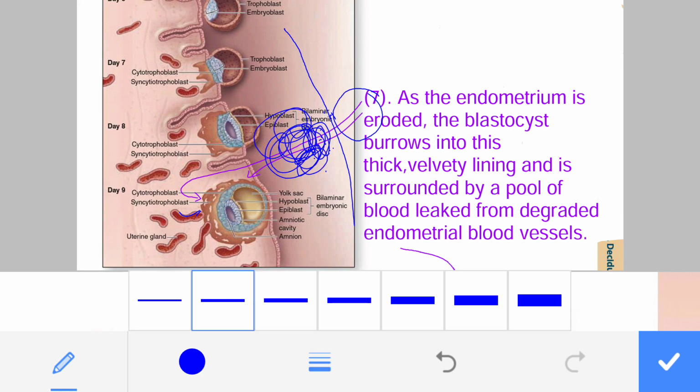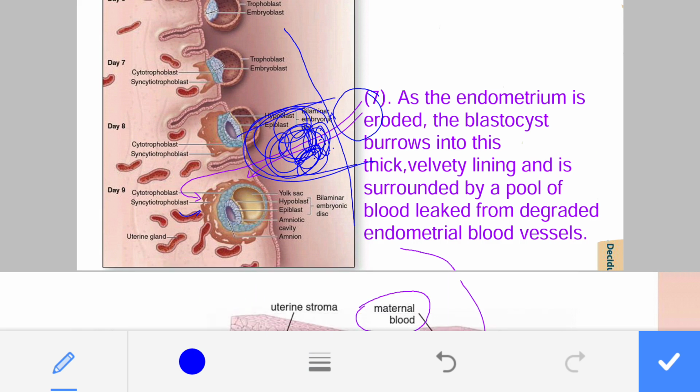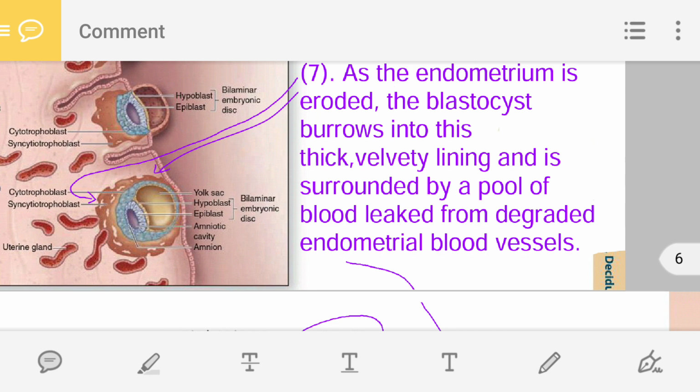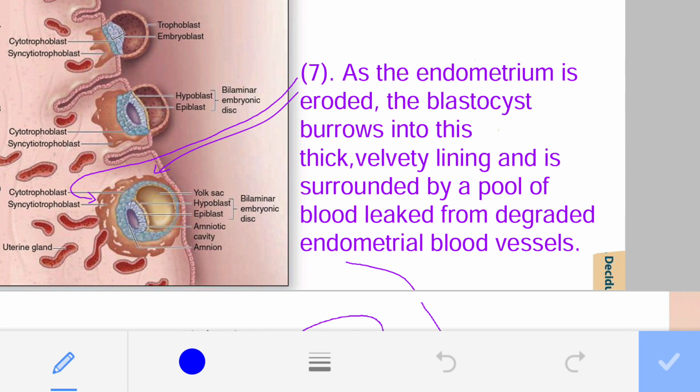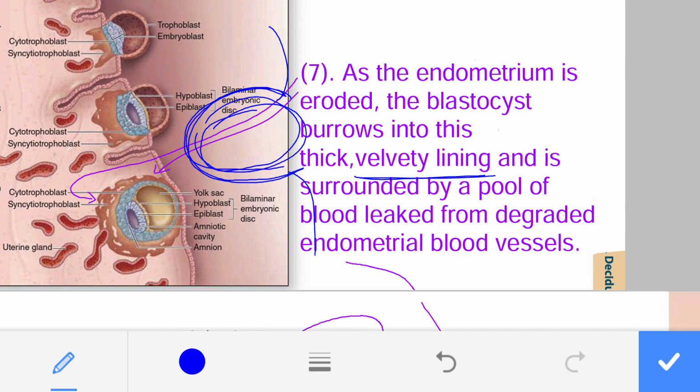So now what happens? This entire region is eroded, so there is a large hole, and the blastocyst fits into this hole. This hole or burrow is like a velvety lining. So this is the eroded endometrium, and the blastocyst just fits into this eroded endometrium.